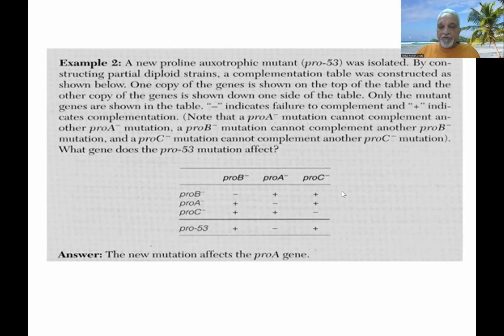And the partial diploid which was generated, where we knew where the mutation is, is B plus, A plus, and C minus. And the phenotype of this is pro plus. So it means all the three genes are functional. Although in the partial diploid set of genes we know it is C minus, since we are getting pro plus phenotype, it means a defect in the C is complemented by the chromosomal gene, which is intact.